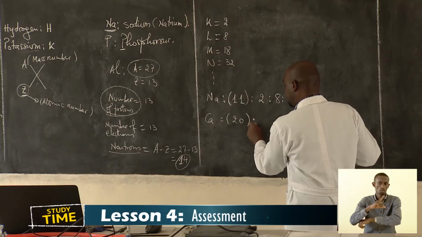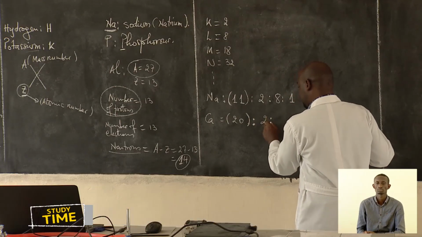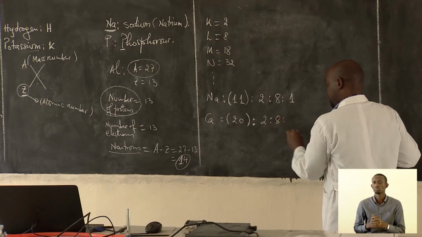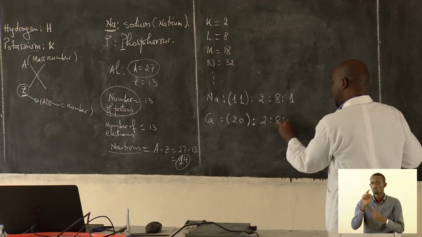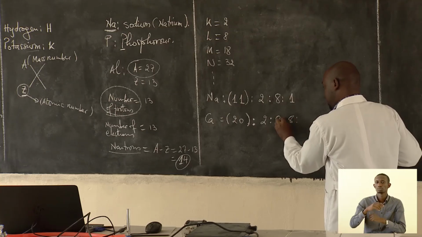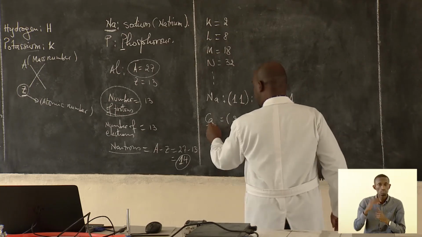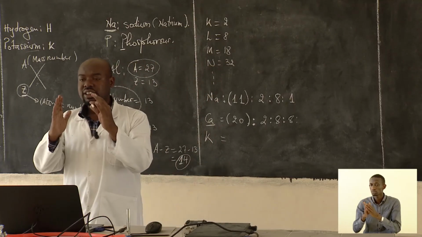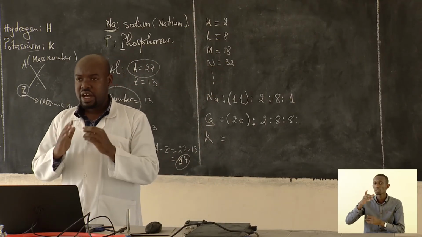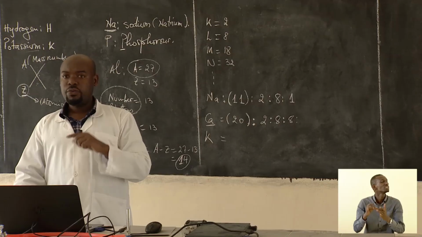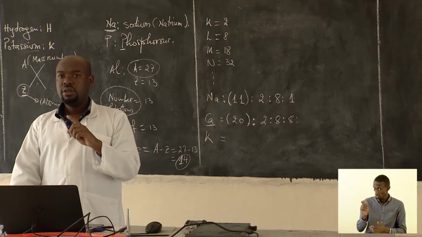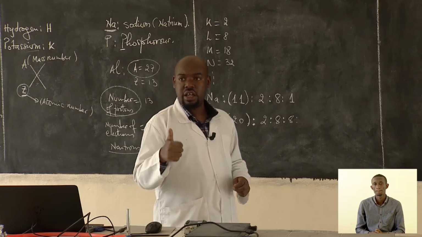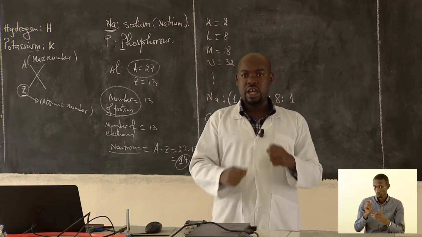And for calcium, we have 2 electrons in the first energy level, 8 in the second energy level, and 8. Remember, for calcium and potassium, we have seen that there is an exception. There is an exception before we fill the third energy level.